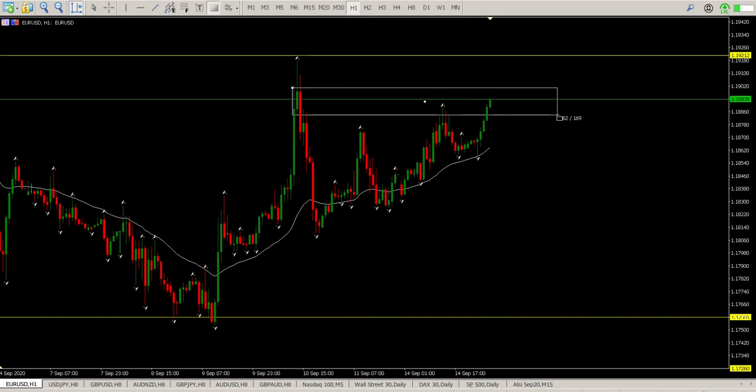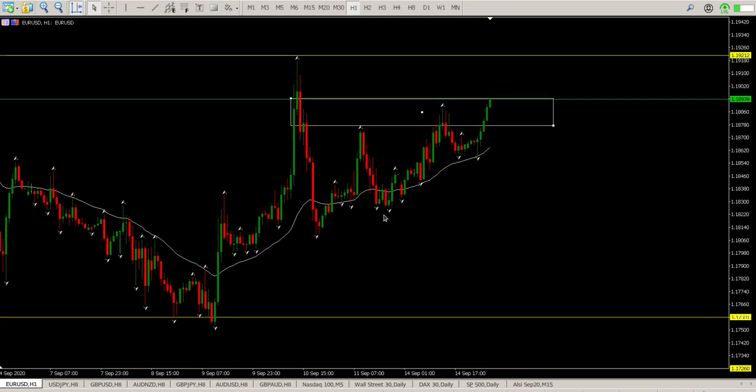We have this flat top triangle here, and it's kind of a messy flat top triangle, but nevertheless you can see we're having high low, high low, high low, high low, and the last couple of hours has been one-way traffic.